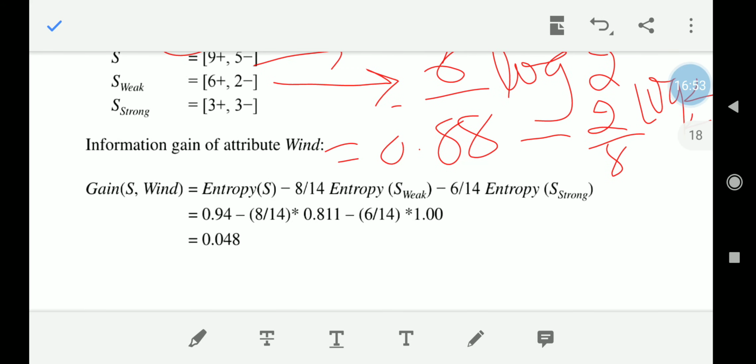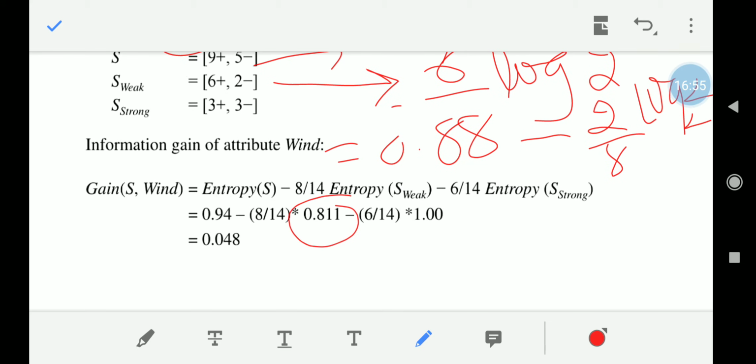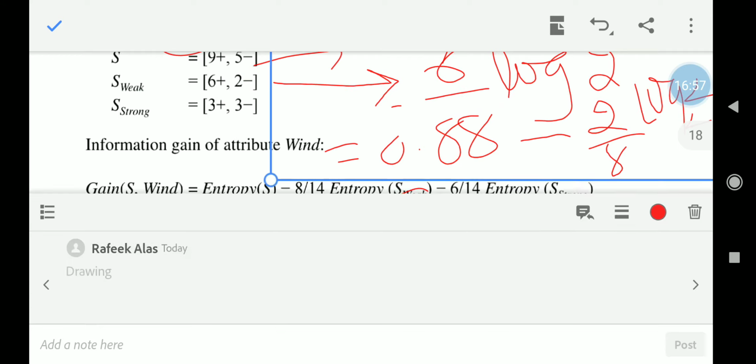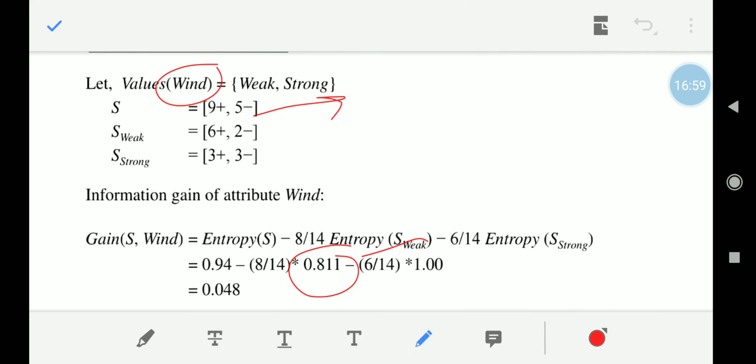So that's what is written here, 0.8 for S weak. There is no need to calculate for S strong, directly you can write, because half are positive, half are negative. That means you will have entropy as 1.